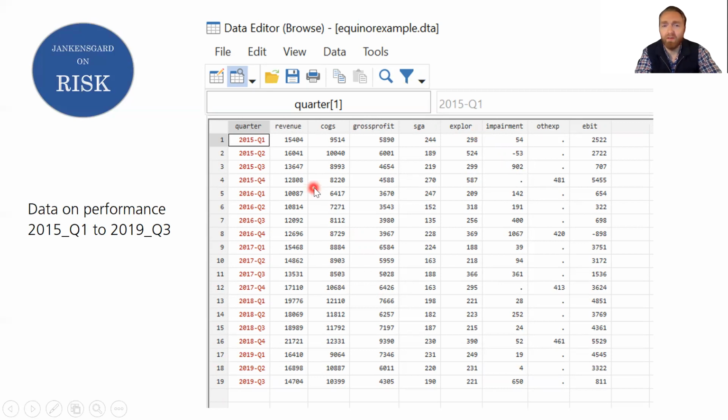And this is straight from what you would find if you were to look in their financial reports. It's this data arranged in these series, starting here in 2005 Q1, and the last observation is 2019 third quarter. So we have the complete set of data for lots of corporate performance variables for that period.